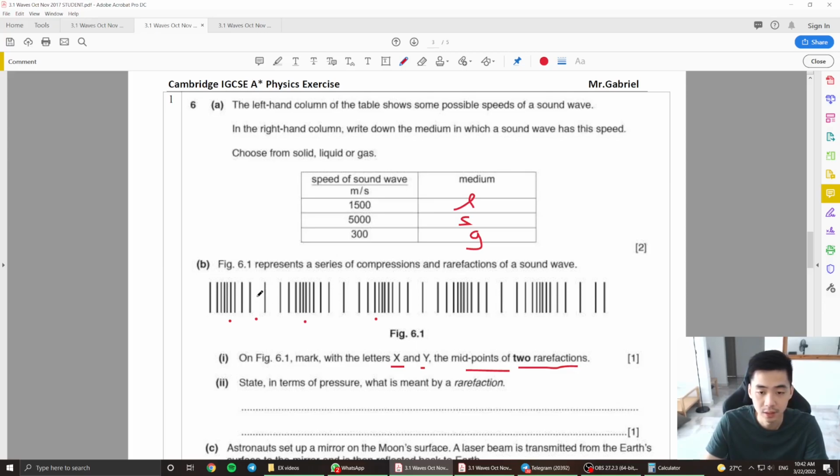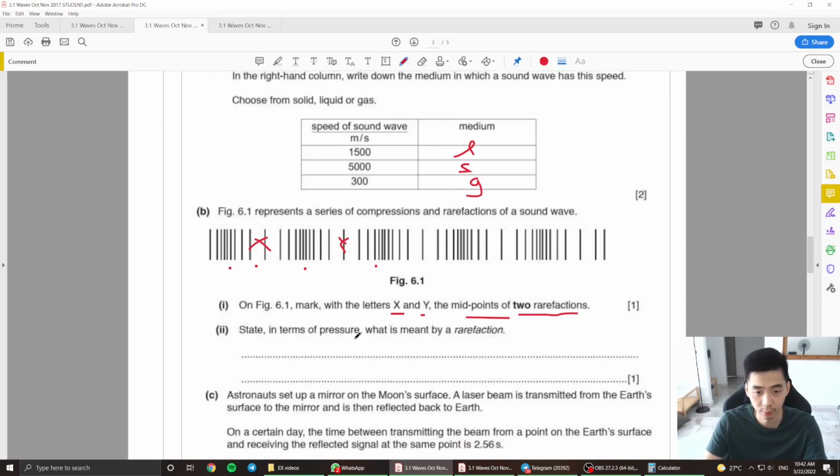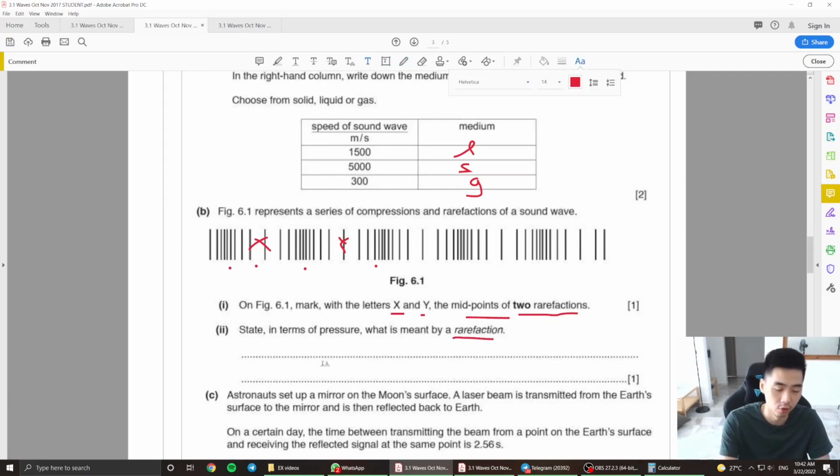If this is a rarefaction here, I could write X and Y somewhere around here, at the midpoint. And state in terms of pressure what is meant by rarefaction. Rarefaction is a region of low pressure where molecules are further apart.